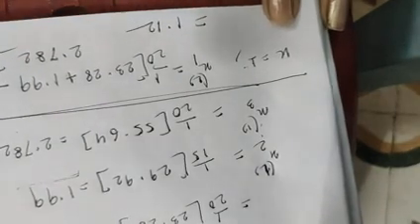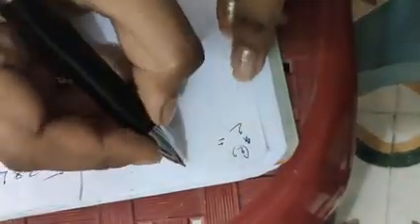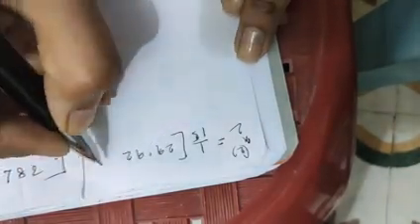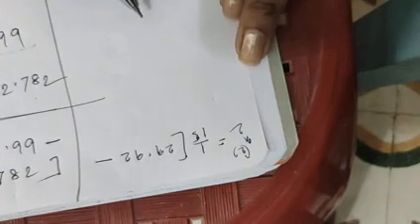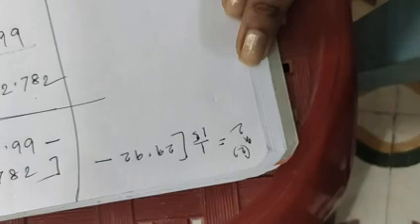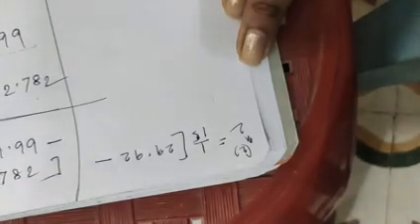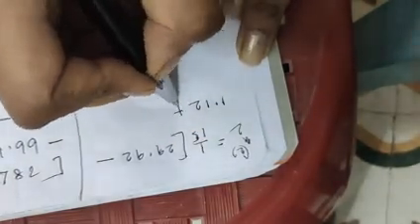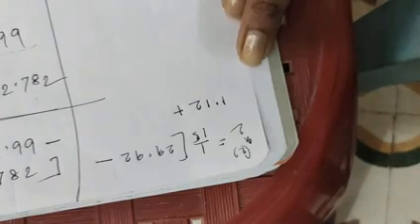Next, the value of x2 2. Moving to the next one, x2 2, its value will be 1 by 15 into 29.92 minus x1 2. The value of x1 2 we got as 1.12, plus, its value will be x3 2.